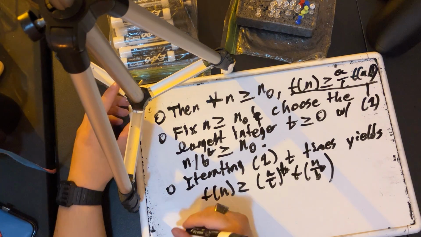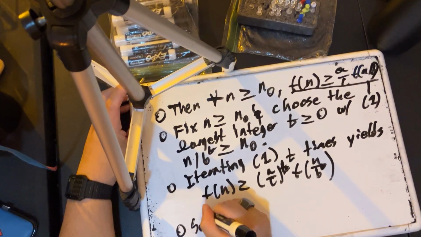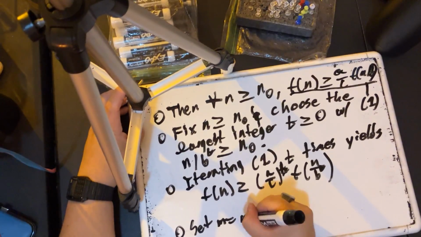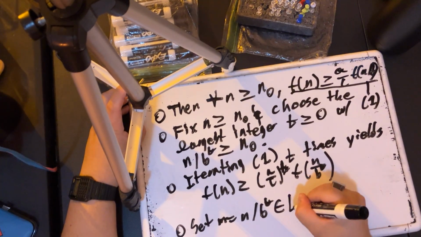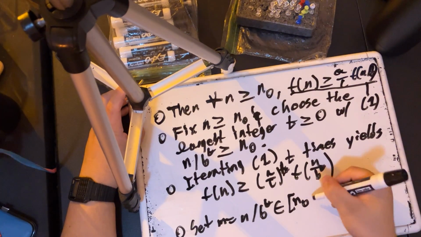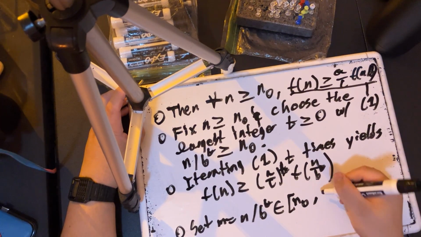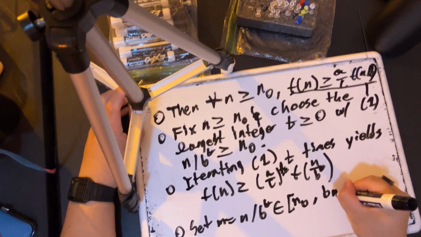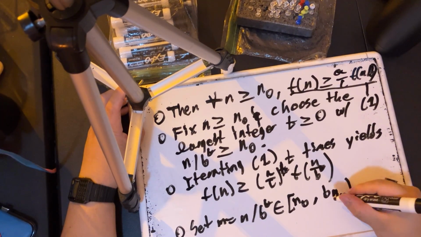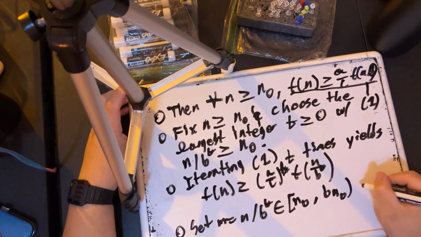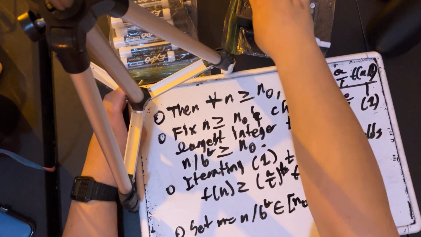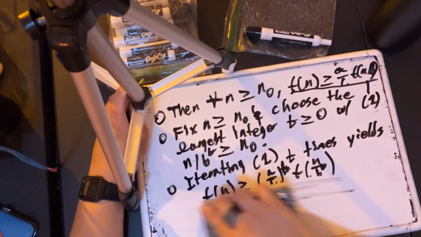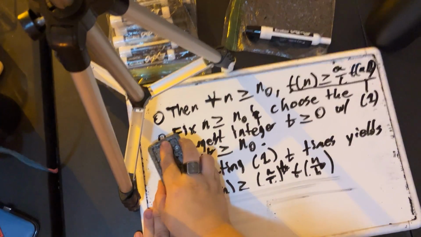Well, set m to equal n divided by b to the t to be within the starting closed interval and not the open part, b n naught. So setting that, what do we then have with all that we've said previously?